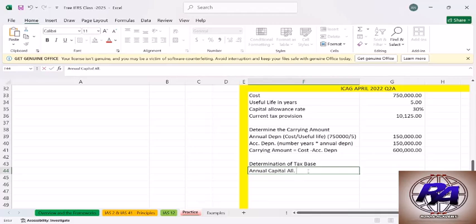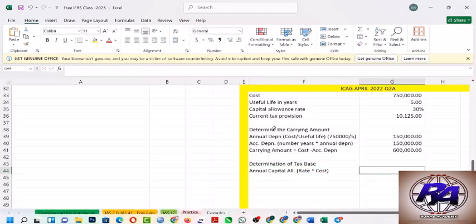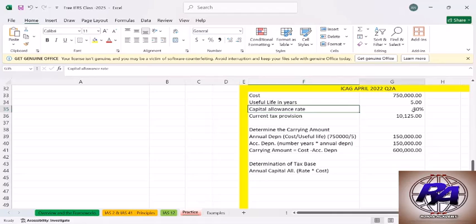So remember, it's going to be the same thing. Here is a percentage. We have been given the percentage of 30%. So it is the rate multiplying the cost. If you are given a depreciation rate, we would have multiplied, but here it was a useful life. That's why we were dividing. Don't forget. So we are given the capital allowance rate to be 30% over here.